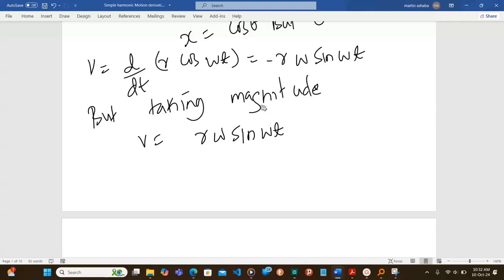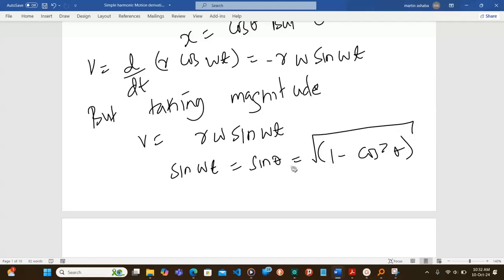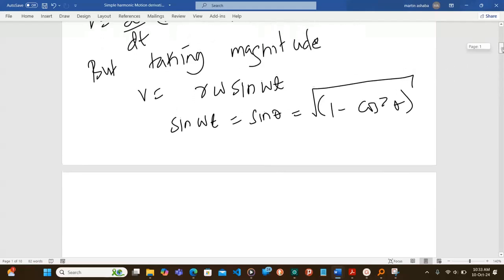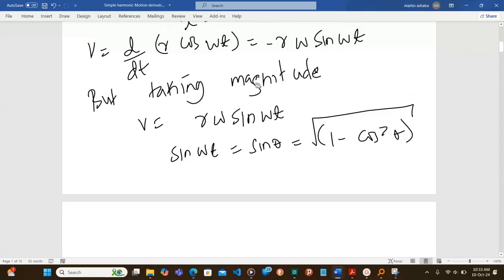Now, what does this mean? I can eliminate this sine omega t. Sine omega t is the same as sine theta, which is equal to the square root of 1 minus cos squared theta, from the first law of trigonometry, where we know that 1 is equal to sine squared theta plus cos squared theta.